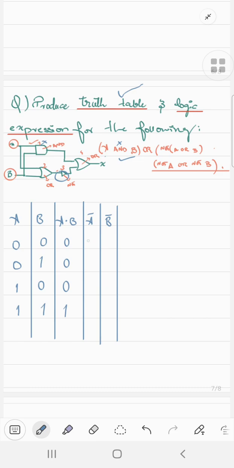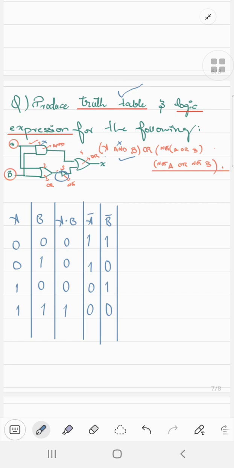The inverse of A is 1, 1, 0, 0, and for B is 1, 0, 1, 0. The value 0 is turned to 1, 0 is turned to 1, 1 is turned to 0, 1 is turned to 0. Similarly, the same has happened with B.